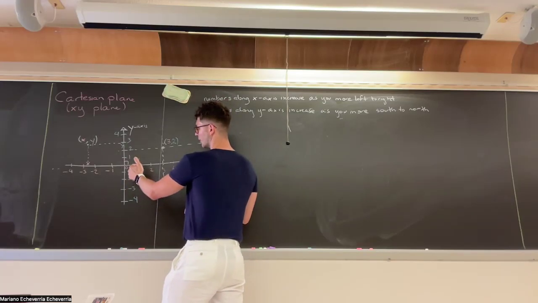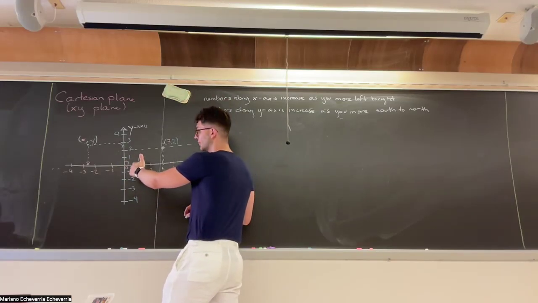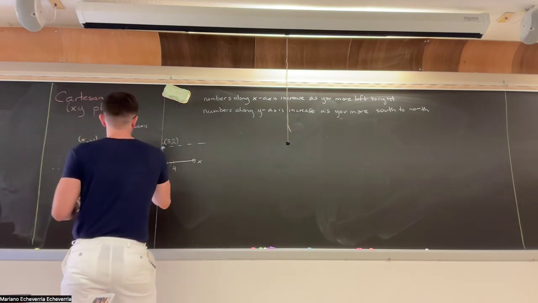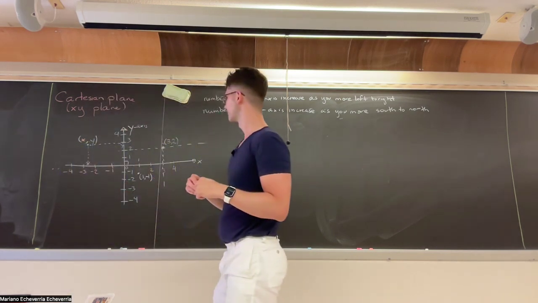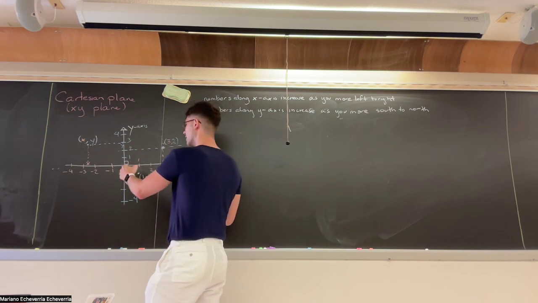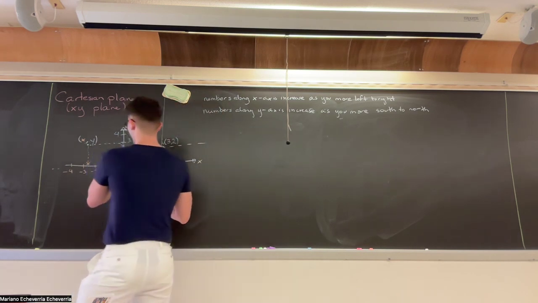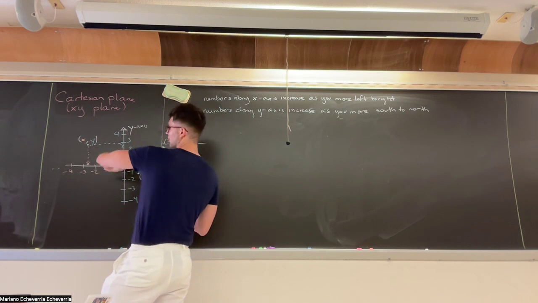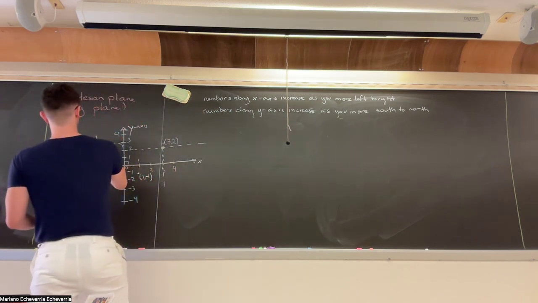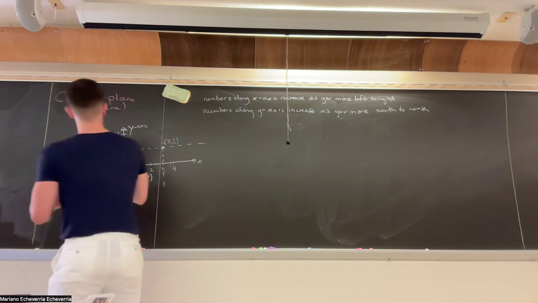You have to move one horizontally and then one down. So this would be the point (1, -1). Whereas if you flip it around, (-1, 1), that means you go one to the left, and then you go up by 1. So this would be the point (-1, 1).